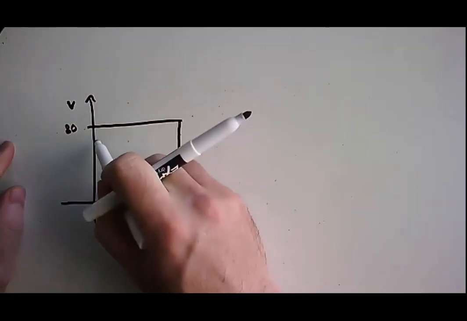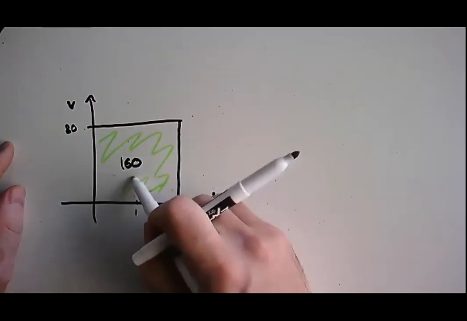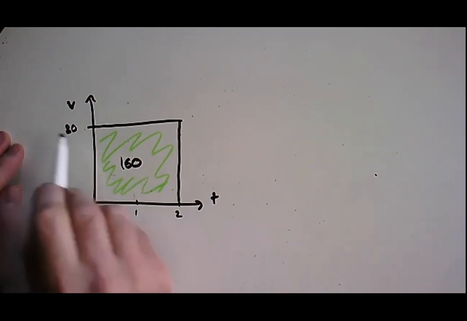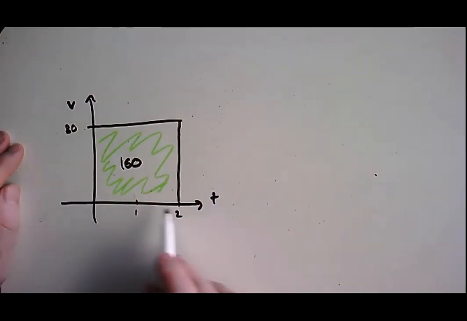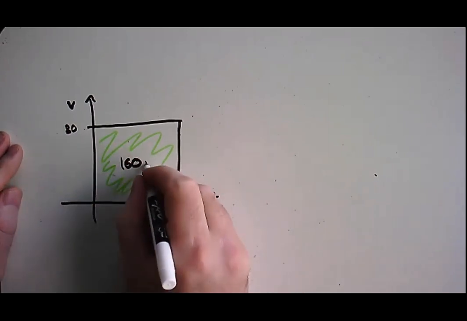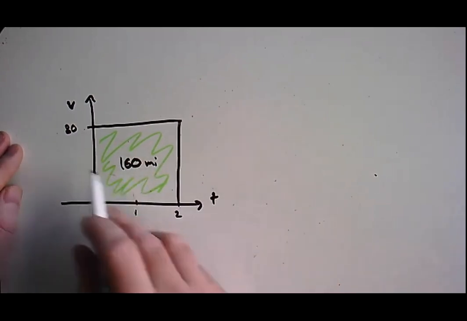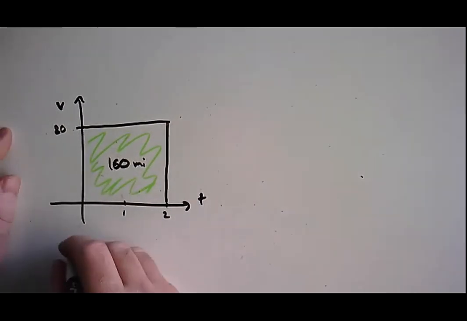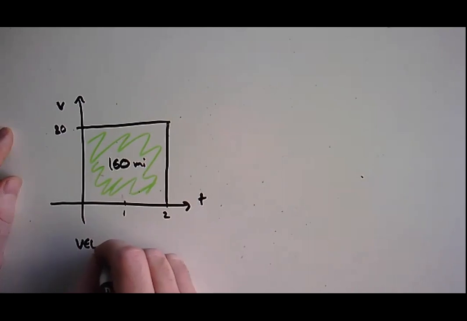This is not even pre-algebra: distance equals rate times time, essentially. This is an easy problem because my rate is constant and my time is 2 hours. So that 160 miles that I drove, we can think of as the area of that rectangle. That was where my velocity is constant.